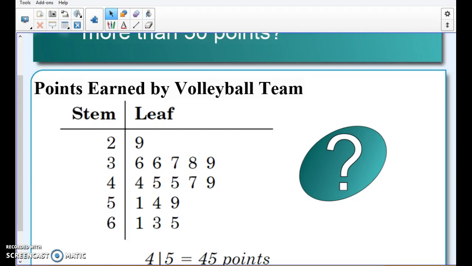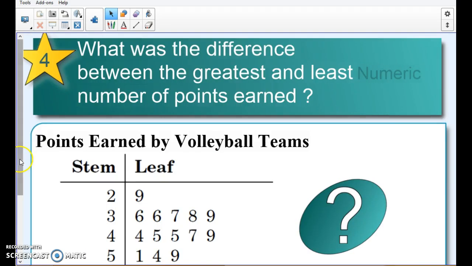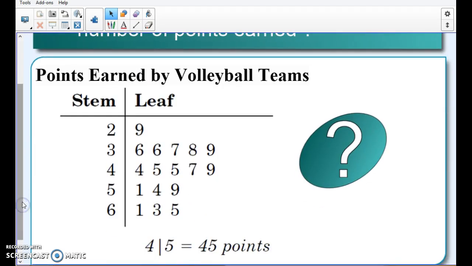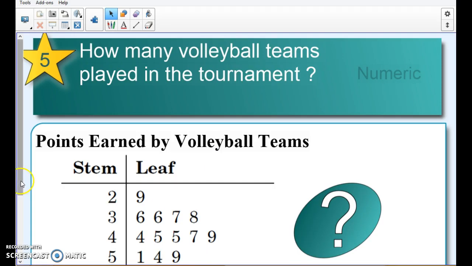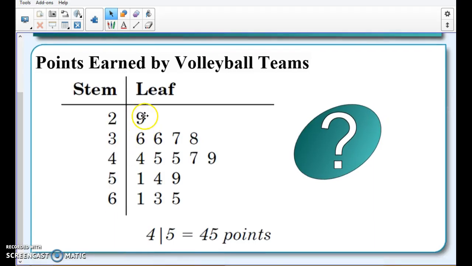That makes 6 teams that earned more than 50 points. What was the difference between the least and the greatest? 65 minus 29 gives us a difference of 36. How many teams played in the tournament? Again, we would just count: 1, 2, 3, 4, 5, 6, 7, 8, 9, 10. 16 teams played in the tournament.